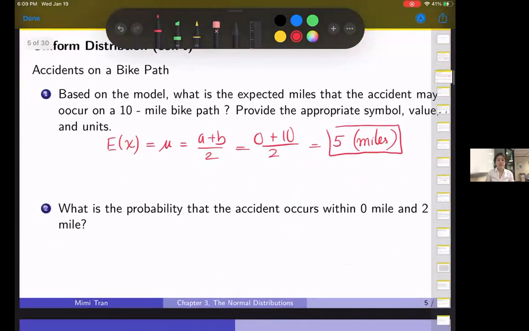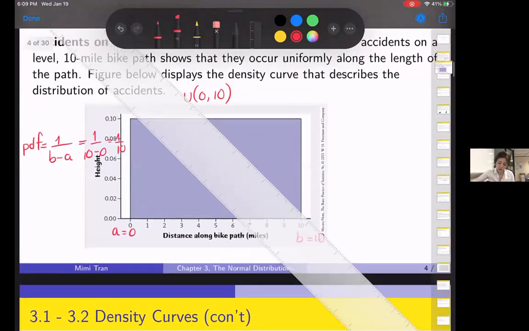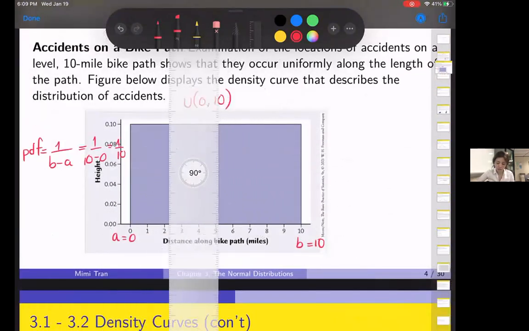So far so good. That's just applying a formula. What is the probability that the accident occurred between 0 mile and 2 mile? Let me draw the boundary between 0 and 2.